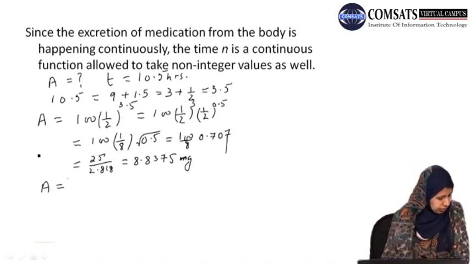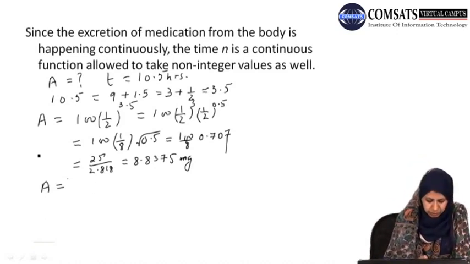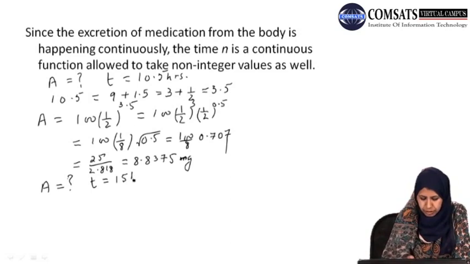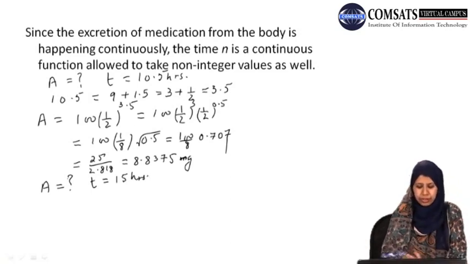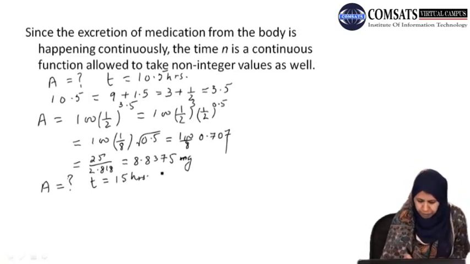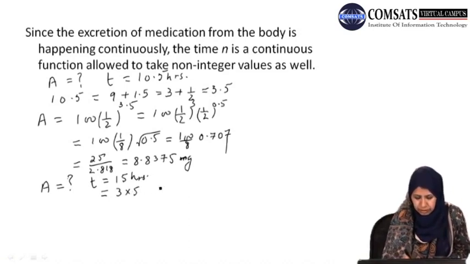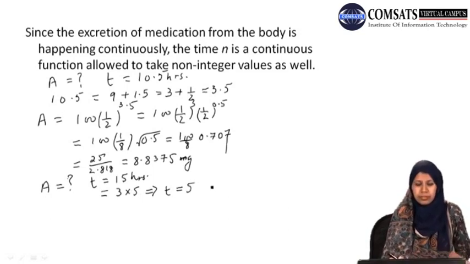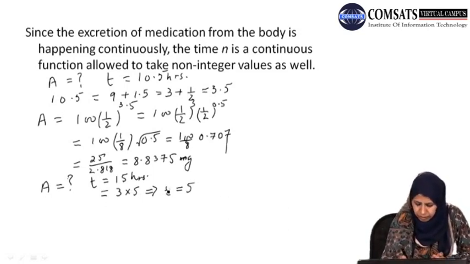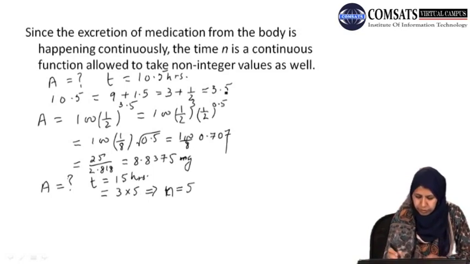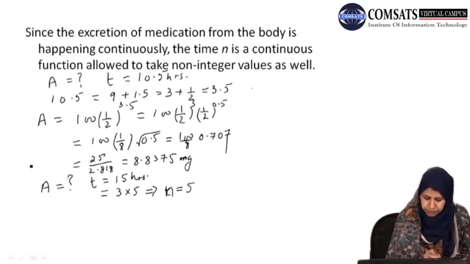Now we are also interested in finding the amount when time is 15 hours. Again we have to rescale our time from 15 hours, which is nothing but writing it as 3 into 5. So we obtain that t will be equal to 5, or n is equal to 5.